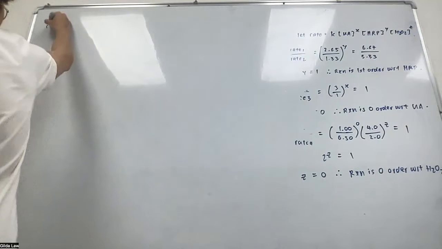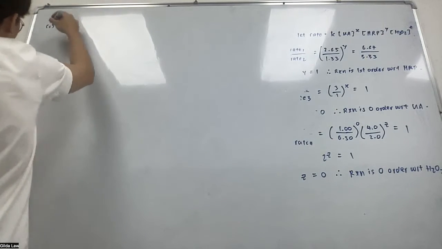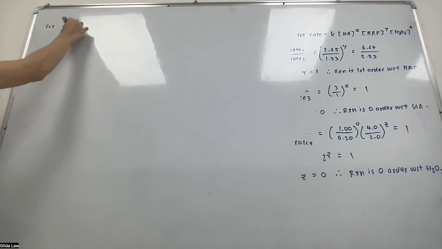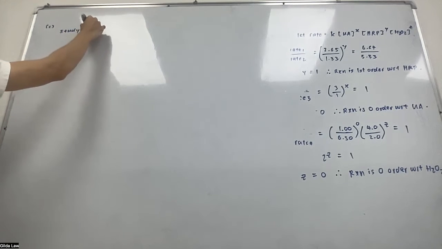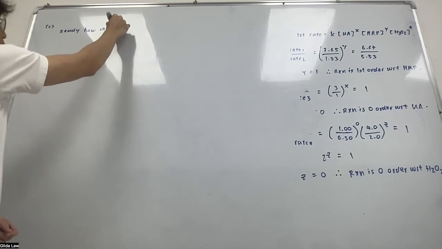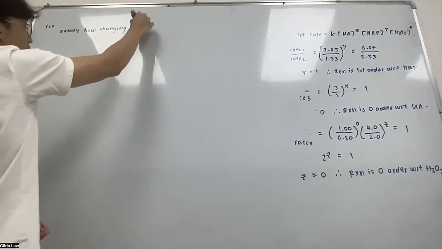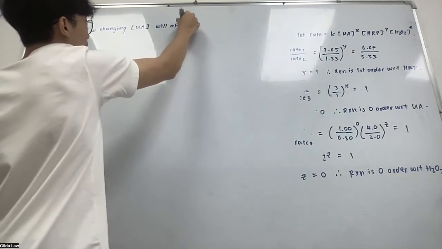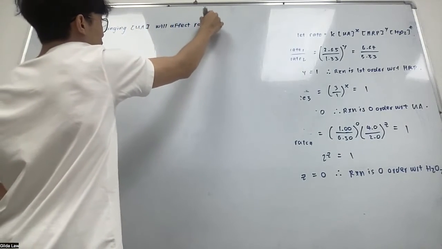So that's the answer to the question already. For part C, you just need to tell me, by keeping the rest constant, we can study how changing the concentration of UA will affect the rate of the reaction.